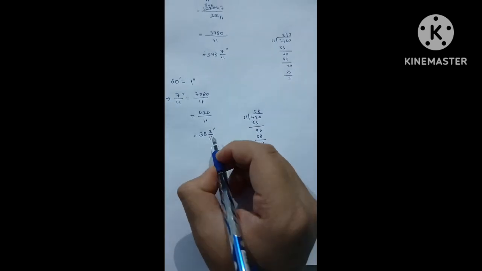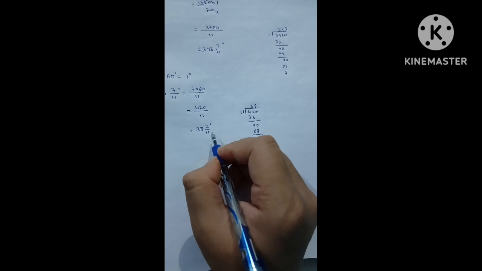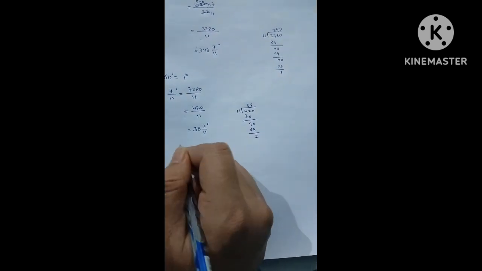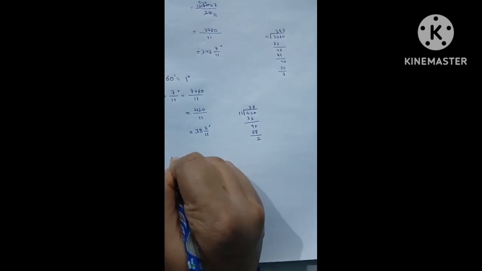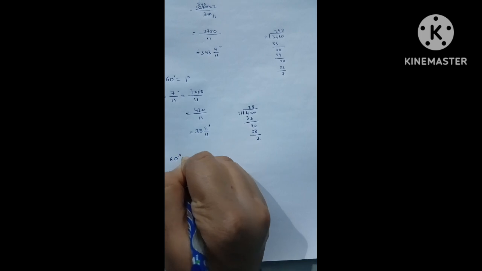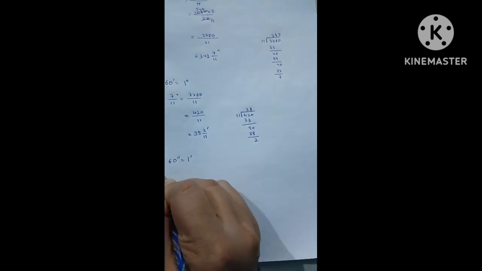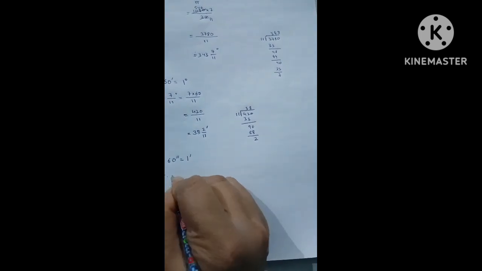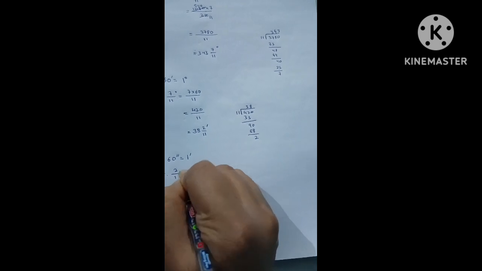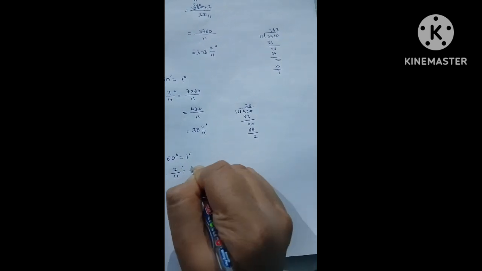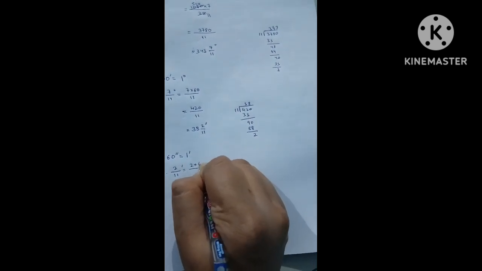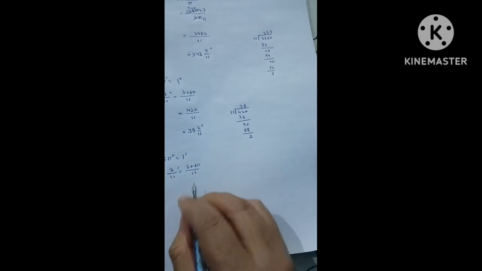Let's convert this 2 upon 11 minutes into seconds. Now we know that 60 seconds equals 1 minute. Therefore 2 upon 11 minute is equal to 2 into 60 upon 11 seconds.